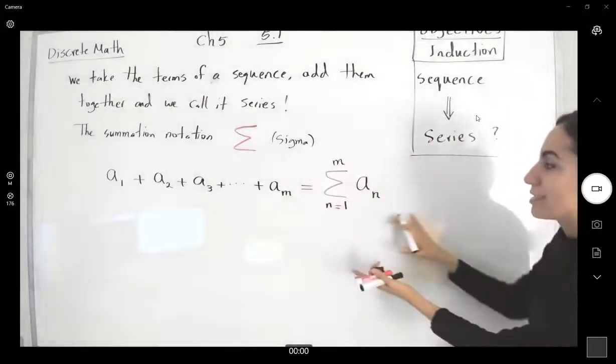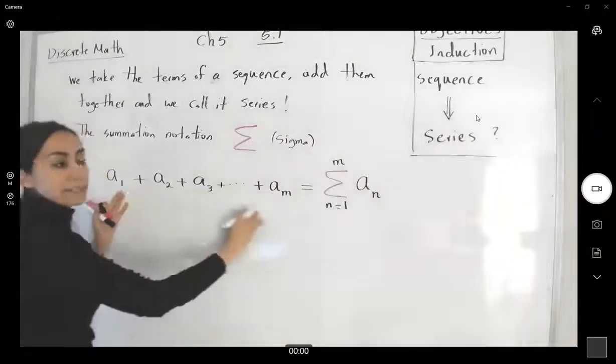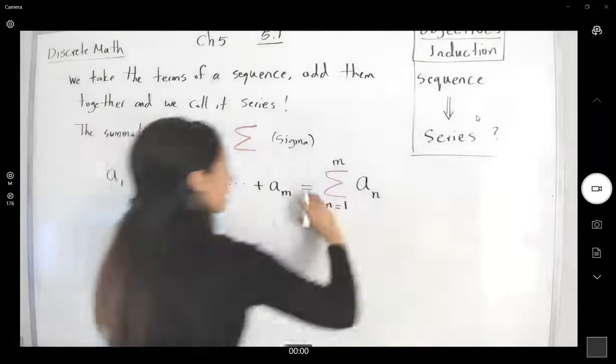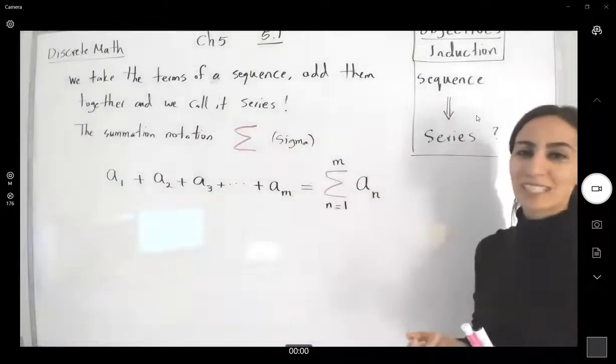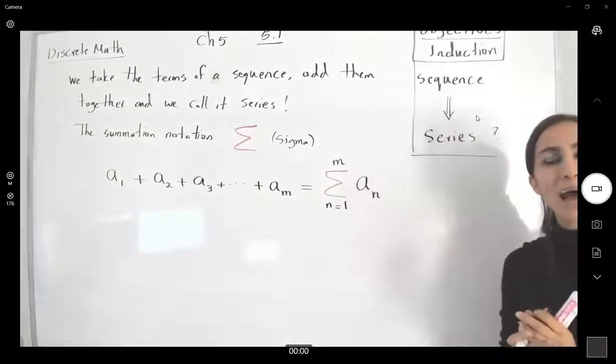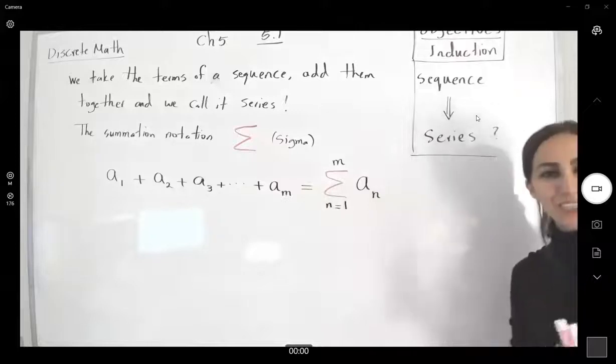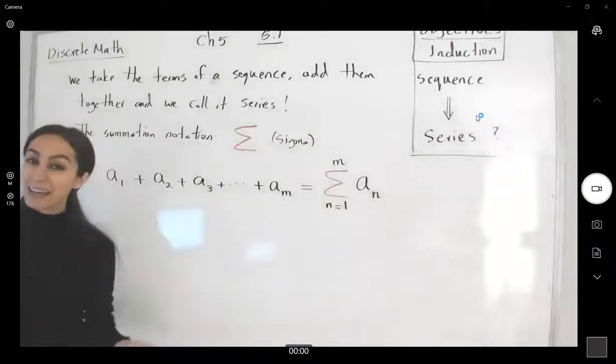We call this a series. Here you have the expanded form, and here you have the summation notation for your series. On the right-hand side, you write it in nice compact form using summation notation, and on the left-hand side, you have the expanded form.